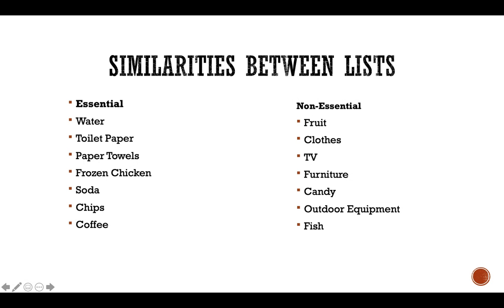Whereas we constantly need things like water, toilet paper, and chicken to eat, chips to eat, coffee to drink. On our non-essential list, our no examples, things like TV, we don't always need furniture, we don't always need new clothes. So that's the main difference, and that's how we are able to determine what is essential and what is not, drawing similarities between the two in order to further create a bigger list.